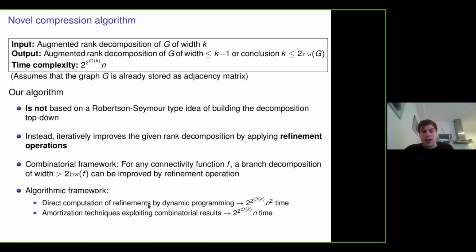These refinements could be directly computed by dynamic programming for rank width and branch width, but this would result in quadratic time. Instead, with this framework, we give some amortization techniques that apply with these refinements, and can be used for optimizing this to linear time.